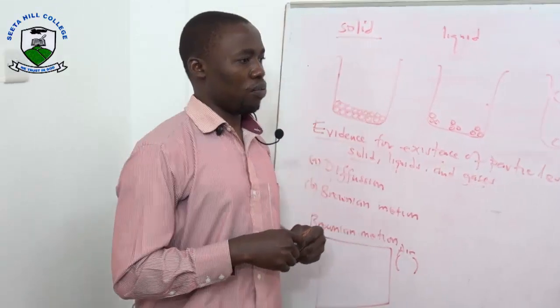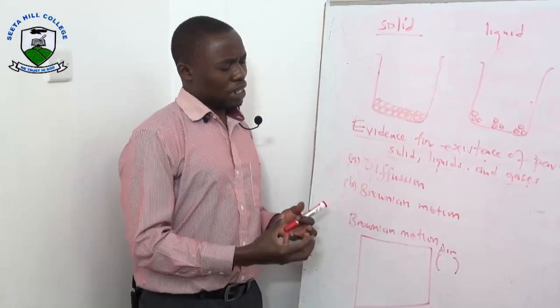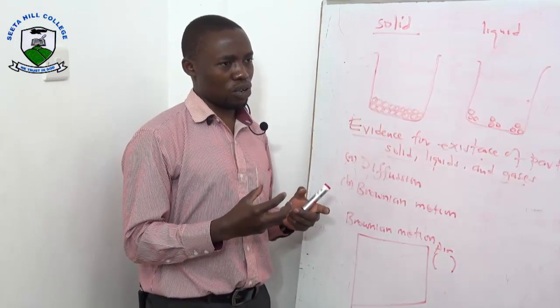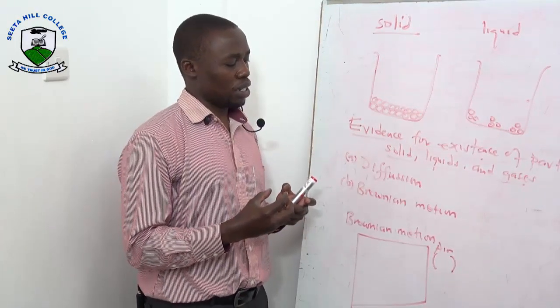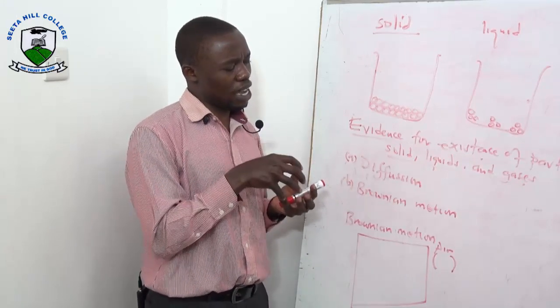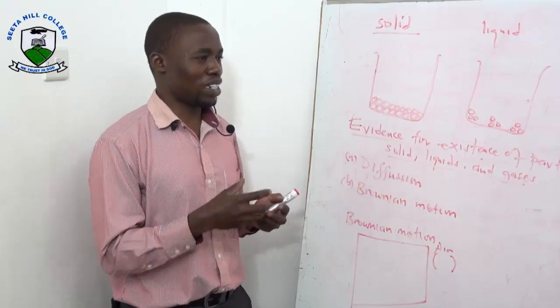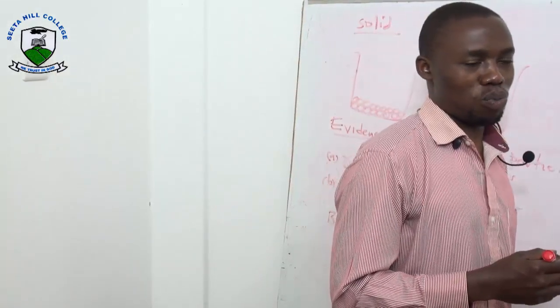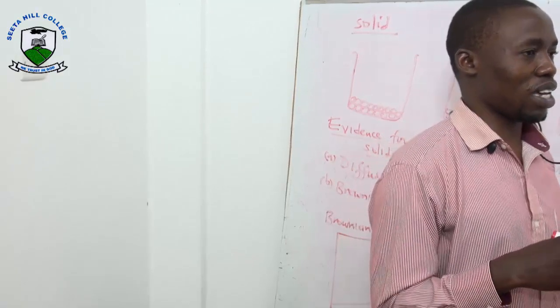Now, from that explanation that dust particles are colliding with air molecules or air particles, how could you say that air has particles? What evidence could you draw from Brownian motion to prove that indeed there are particles in air?